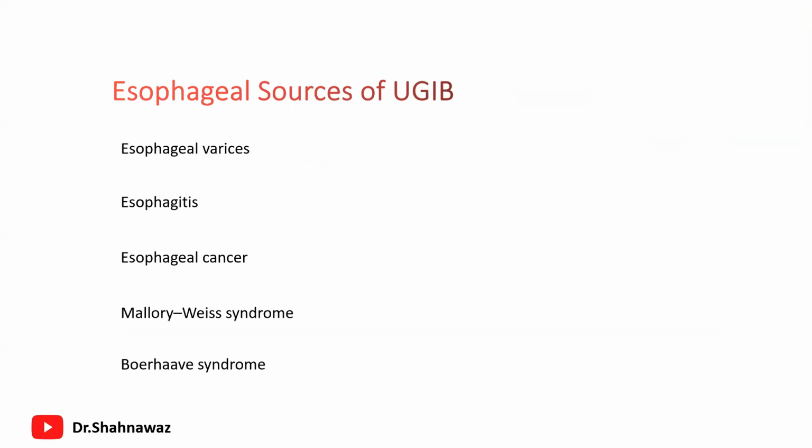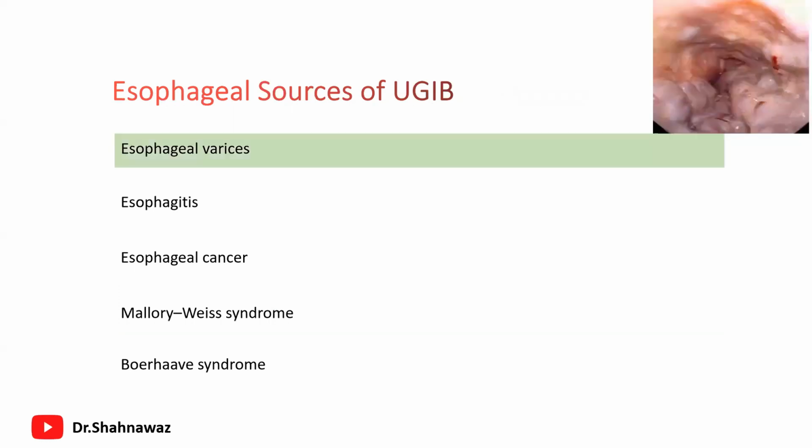What could be the esophageal sources of upper GI bleeding? We will see that there are varices in the esophagus. See in this picture that we have dilated veins in the submucosa. Actually, GI bleeding is a complication of esophageal varices.